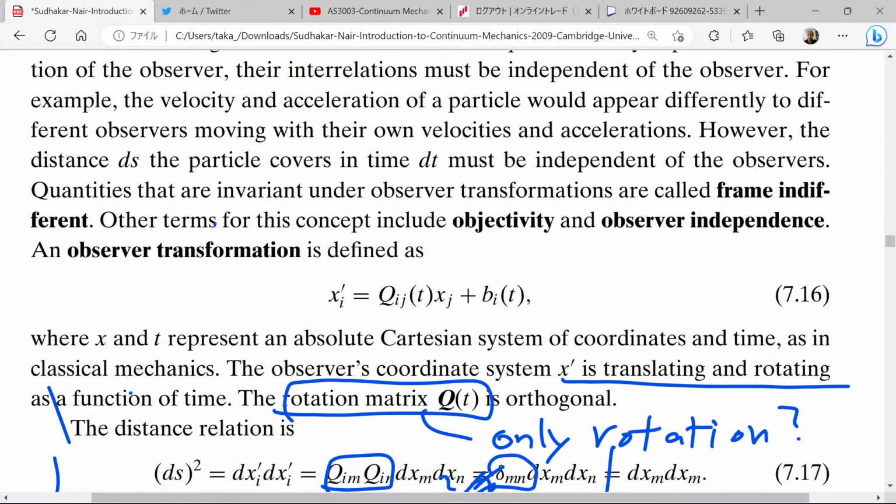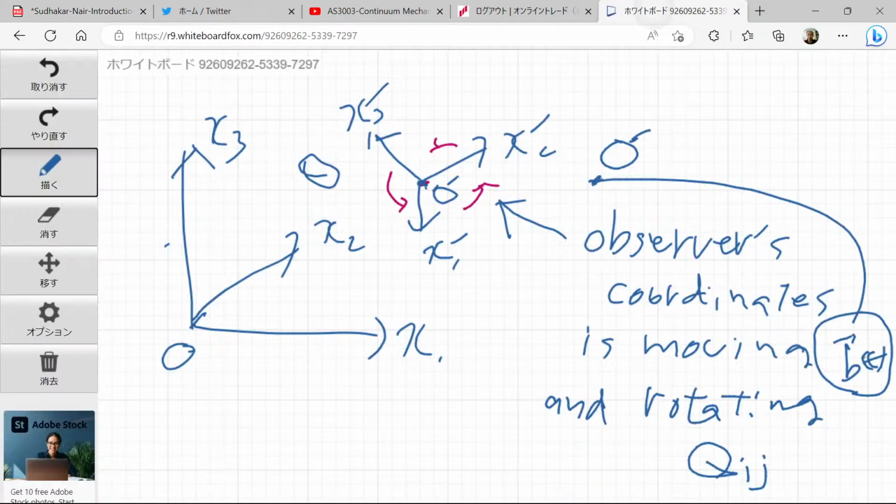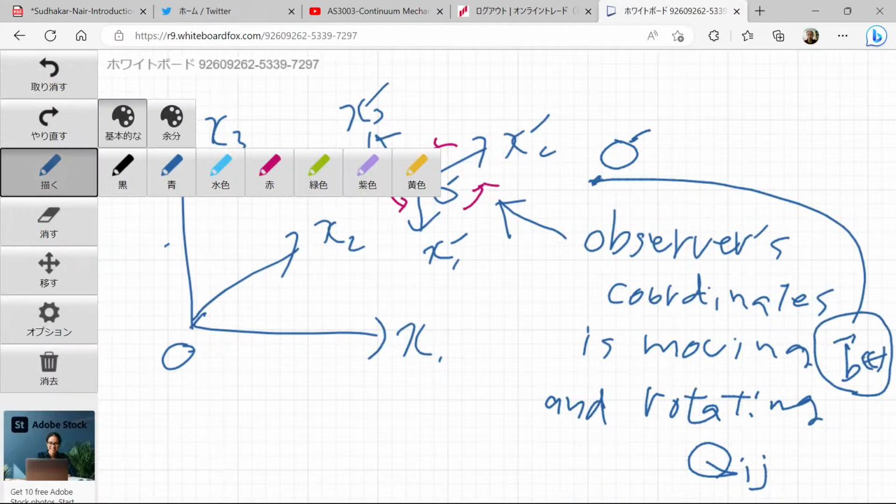So there is a relation between the x. x is the original spatial coordinate. This is unprimed, and this coordinate is primed.